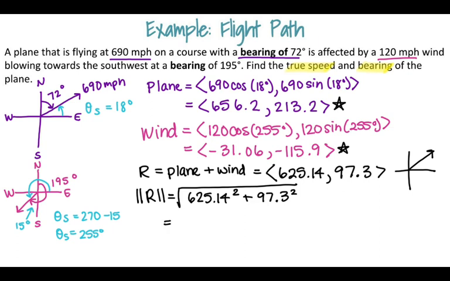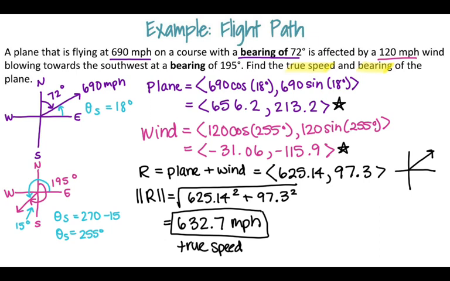So my true speed is, let's see, I have to calculate this. 625.14 squared plus 97.3 squared, and then taking the square root is 632.7 miles per hour. If you'll notice, this ended up being a little bit slower than the original speed of the plane, which was 690 miles per hour. So this is the true speed.